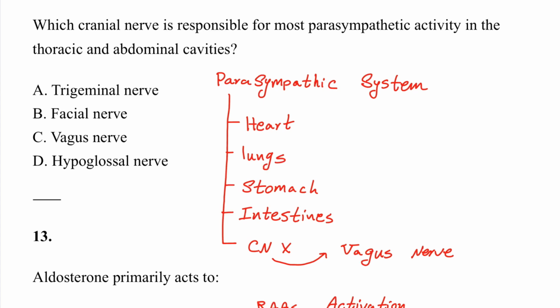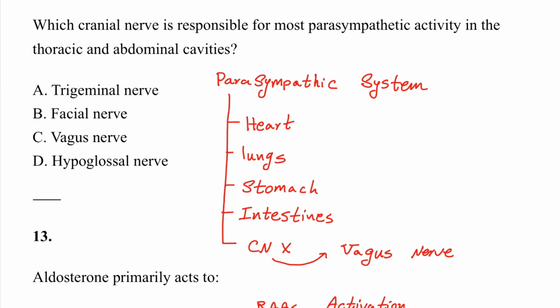Question number 12. Which cranial nerve is responsible for most parasympathetic activity in the thoracic and abdominal cavities? A. Trigeminal nerve, B. Facial nerve, C. Vagus nerve, D. Hypoglossal nerve.